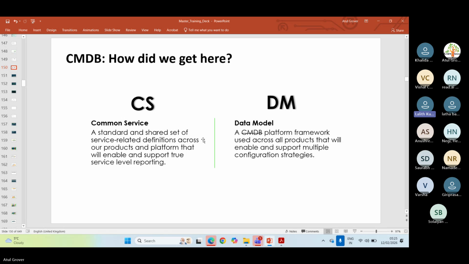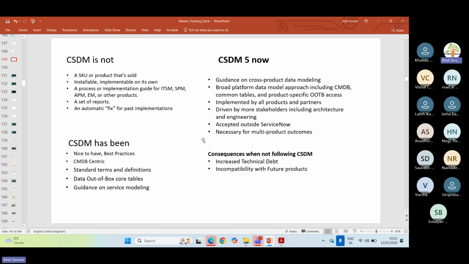On CSDM, ServiceNow recommends it, but it's not mandatory that we follow. Is that a true statement? I will say, even though they're not saying don't follow, they say please follow. Either you're a big provider or a small provider, you must follow the CSDM.